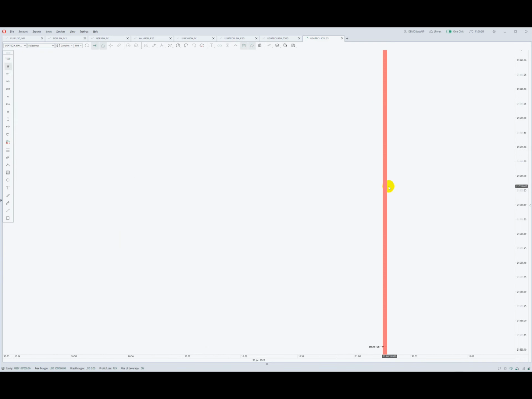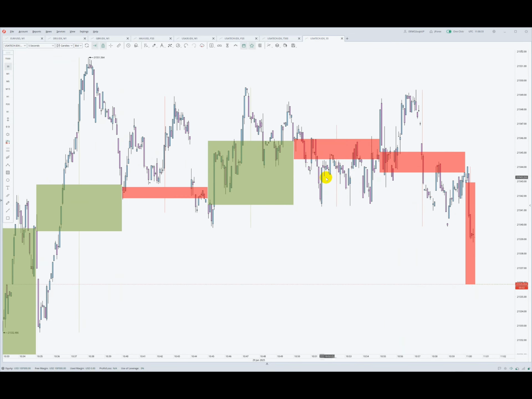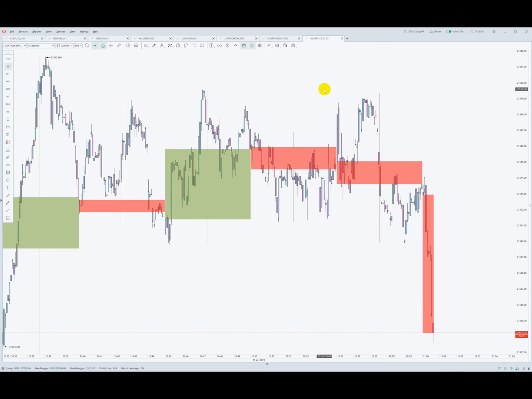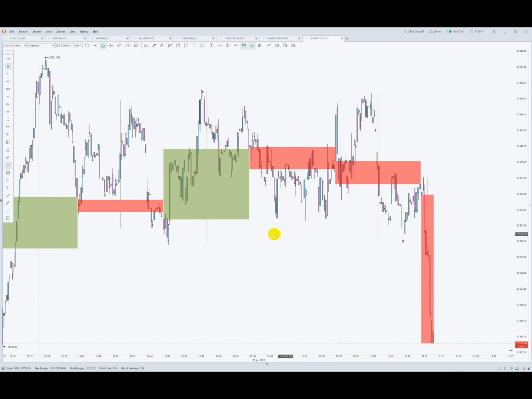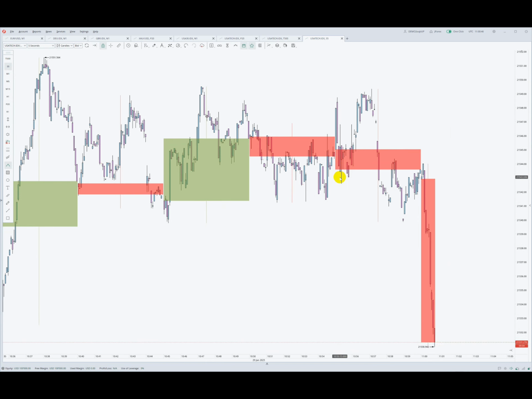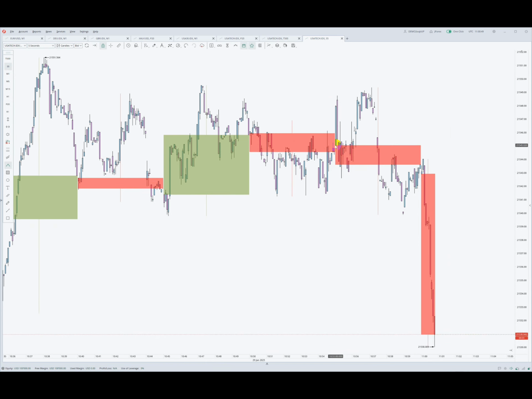If we go to 5 seconds, here we have up candles and down candles. But as you see, we have some movements inside this candle. We cannot see the detail of it here. So the beginning of the candle starts from here. So it goes down, it goes up, it goes down, up, down, up, down, up, down, up.